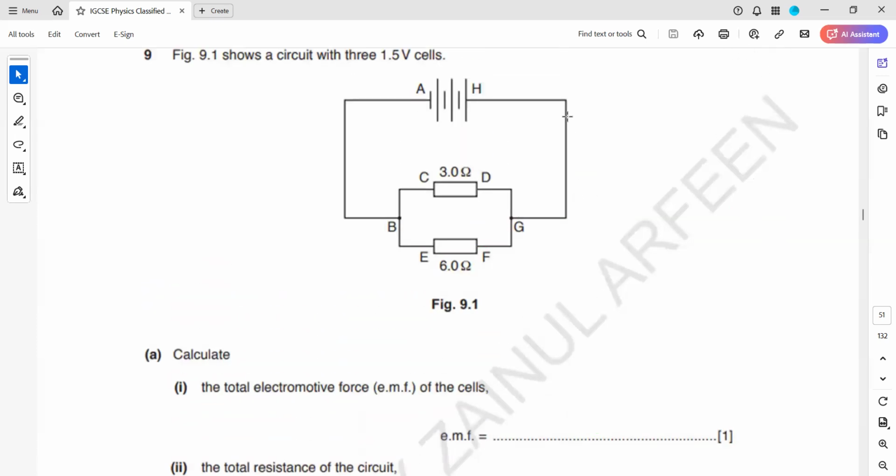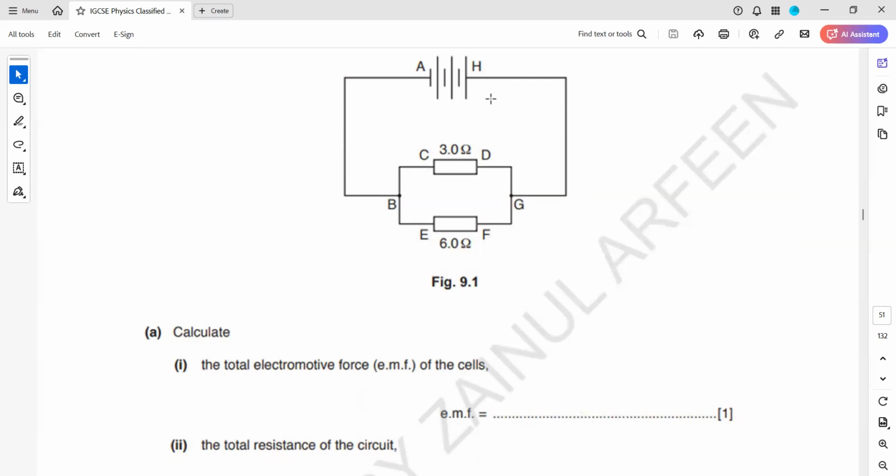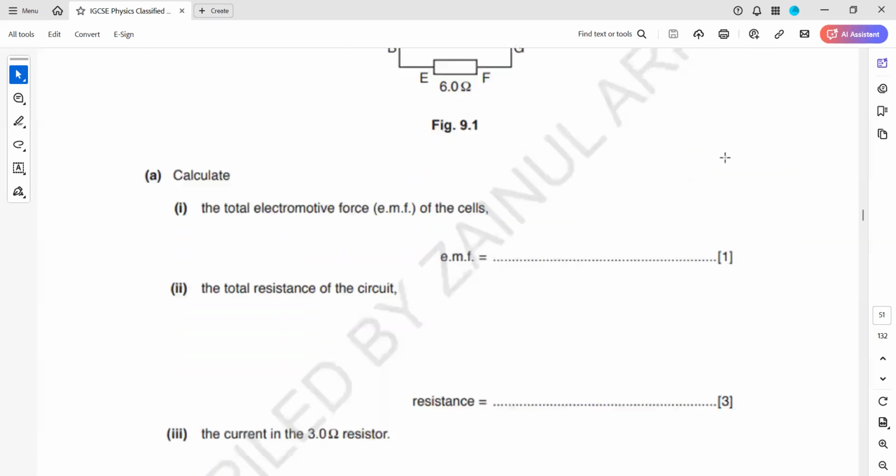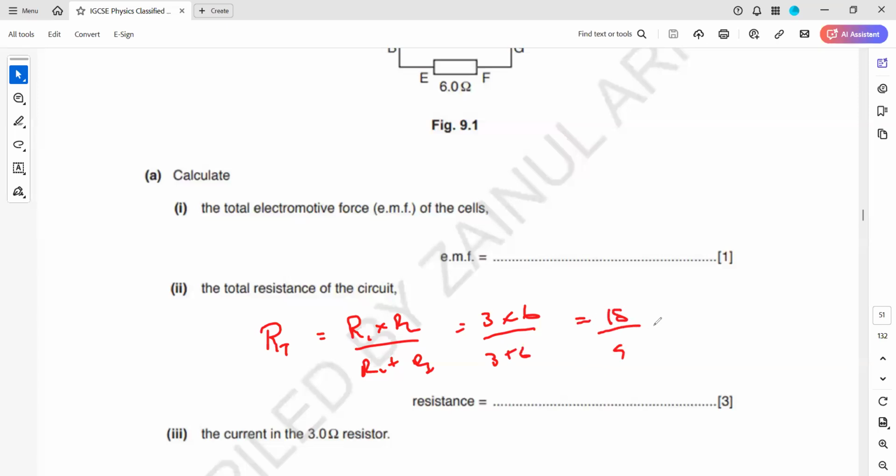How to get the total resistance in parallel? Product divided by sum. So R1 multiplied by R2 divided by R1 plus R2. It will be 3 multiplied by 6 divided by 3 plus 6. 3 multiplied by 6 is 18 and 3 plus 6 is 9. 18 divided by 9, what will we get?